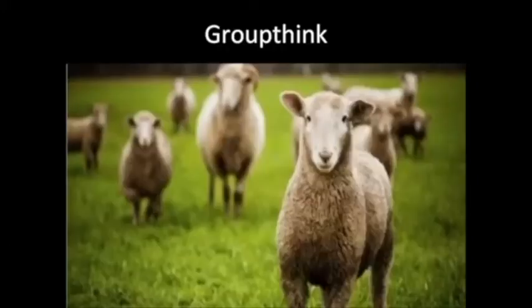Okay, let's quickly talk about groupthink again, one of my favorite topics in this course. Here's a picture of a sheep, and that's kind of funny because it's really how people behave in these situations where they are often overwhelmed by the group dynamic. In other words, you often have a powerful leader who leads the charge, usually a leader who values loyalty over critical thinking.